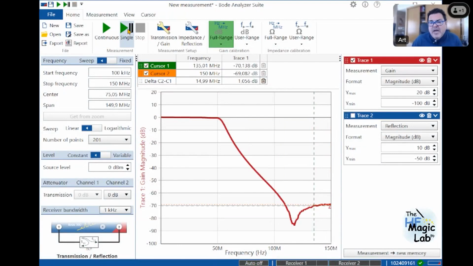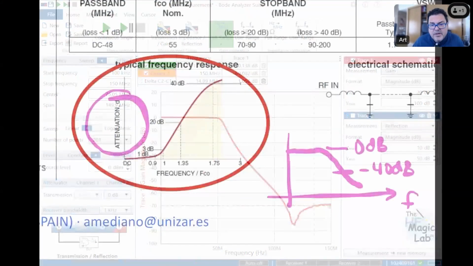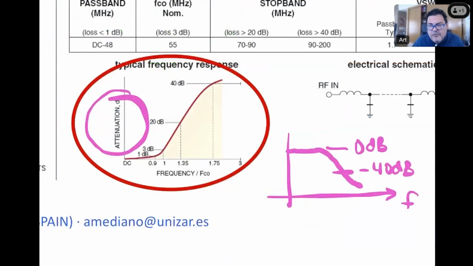Now we are able to compare the response with the response from the manufacturer. The manufacturer specifies the minus 3 dB frequency corner at around 55 megahertz.